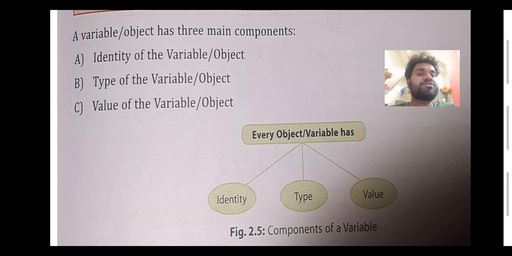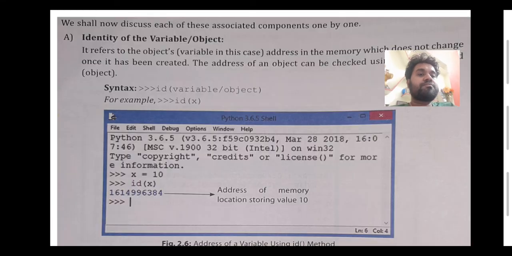If I say x is equals to 12.12, then it is a floating type, that is a decimal type. If I say x is equals to some name, then it is a string type. And the value of the variable is 12, 12.12, and the string, the name I said. So this is very important about the variable, or you can say object also.